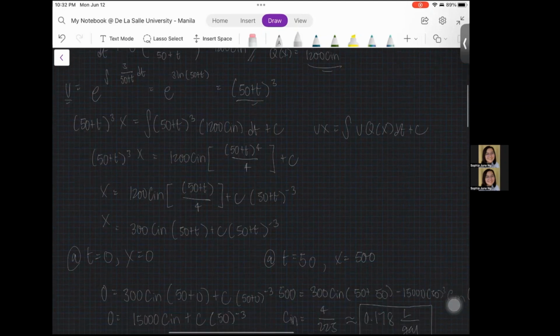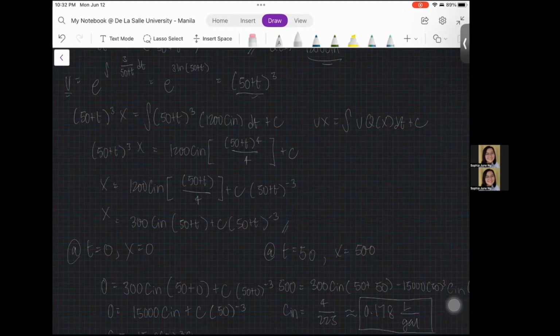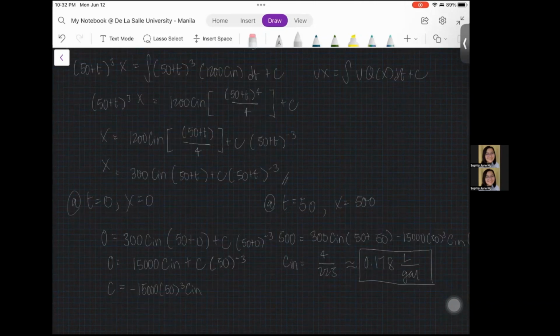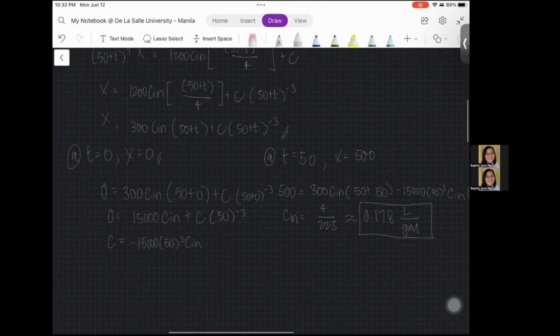And then after some simplification, this is your final equation for the amount of salt at any given time. So we're given 2 points to consider in this problem, which is at time 0, your salt is equal to 0, since it did mention that it was pure water. So at this time, you can plug in what you got here to here. And then after that, you'll be able to replace your constant with C in.